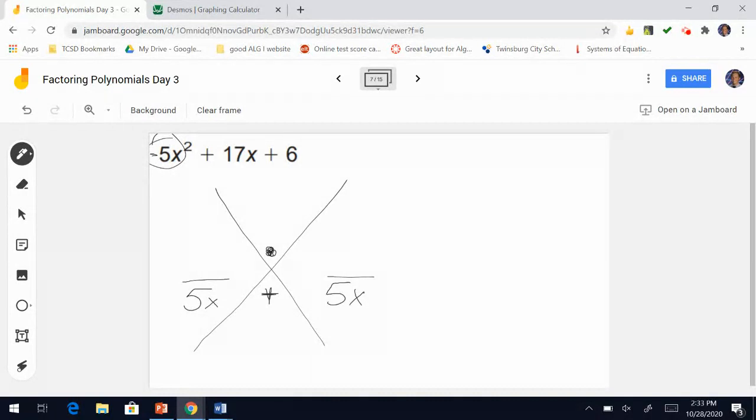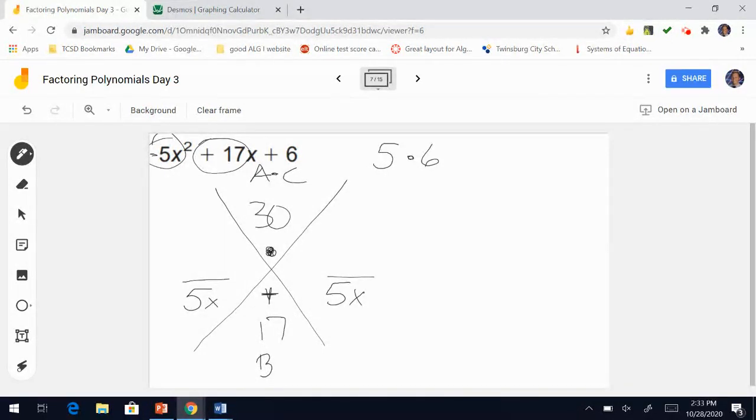Now what I'm going to do is I'm going to say this is A times C. So what is A? A is 5. C is 6. So what's 5 times 6? 30. And it's going to add to B. So this is A times C, the top wedge. The bottom wedge is still going to be B, which is 17.